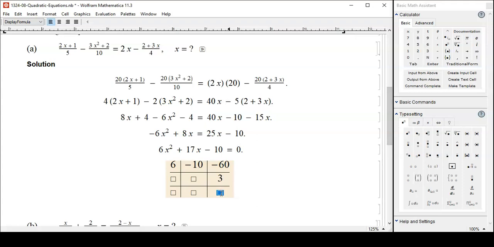And I hope everybody can see that negative 3 times positive 20. We did negative 60 here, so we need 2 opposite signs. If this had been positive, we need 2 identical signs. But here we have negative, so 2 opposite signs. And we need positive 17 here, so positive 20 minus 3, that's 17.